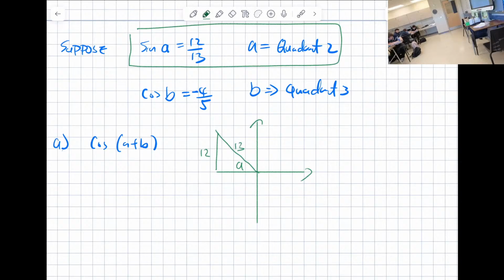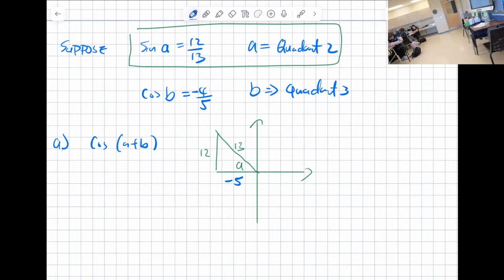What's the bottom side? It's not 5, it's negative 5, thank you. It's a 5, 12, 13 triangle. Is this okay?